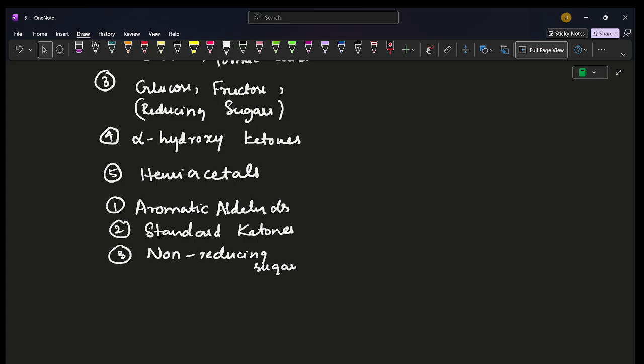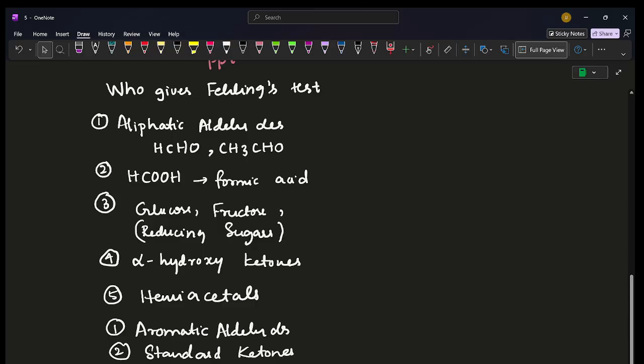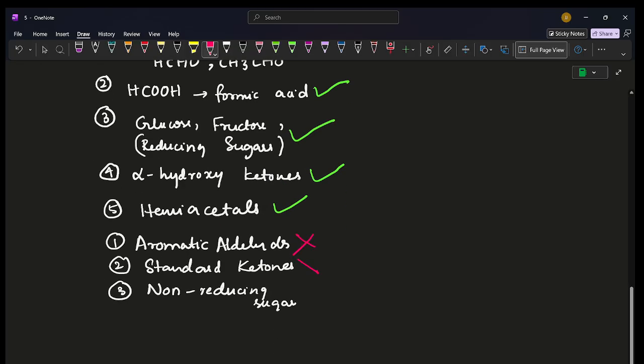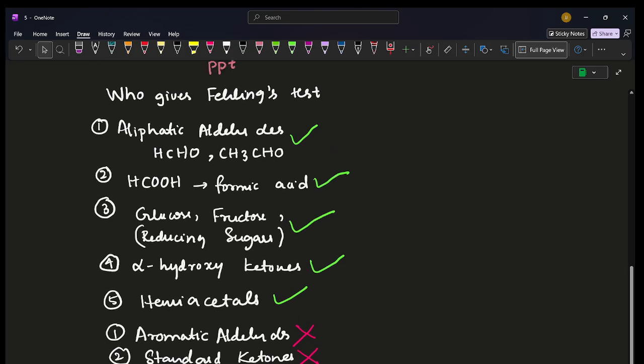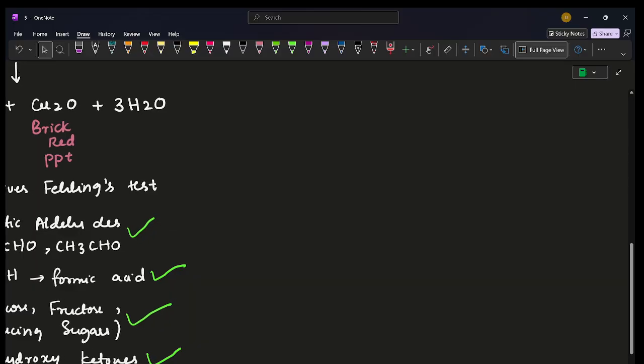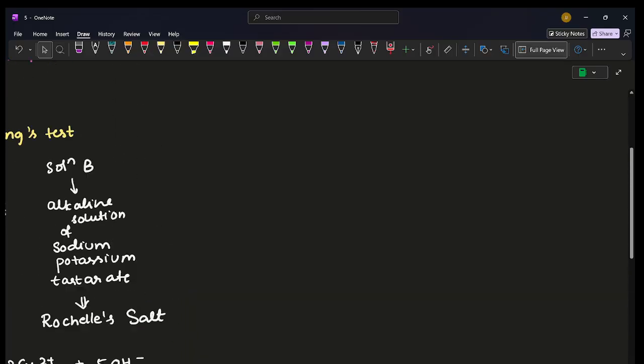Okay, so remember, aliphatic aldehydes give, formic acid gives, reducing sugars give, alpha hydroxy ketones give, hemiacetals give. Those which do not give are aromatic aldehydes, standard ketones, and non-reducing sugars. Okay, cool. Now let's move on to the next test, which is Schiff's test.